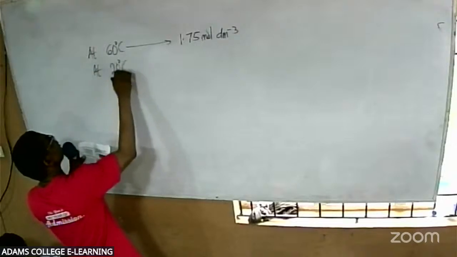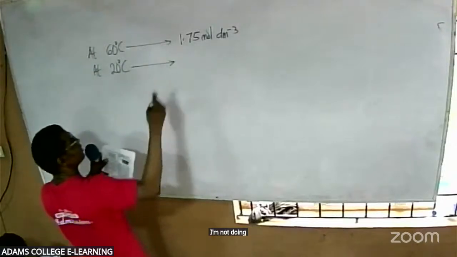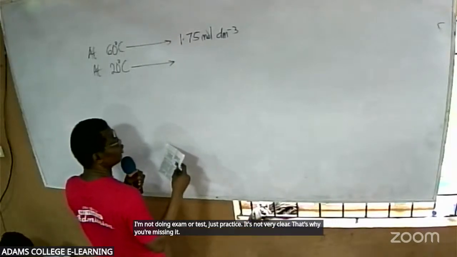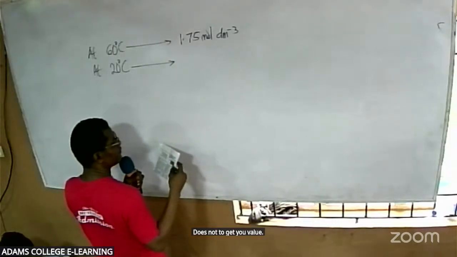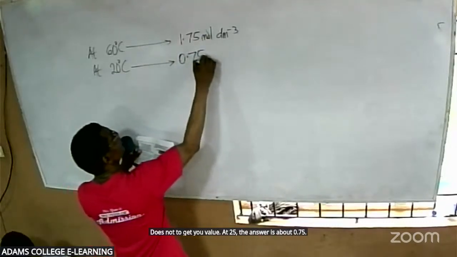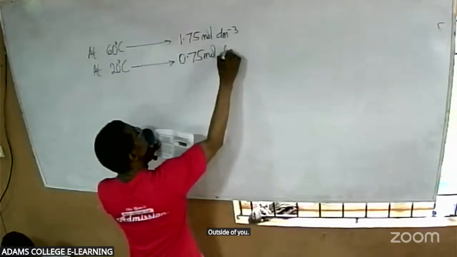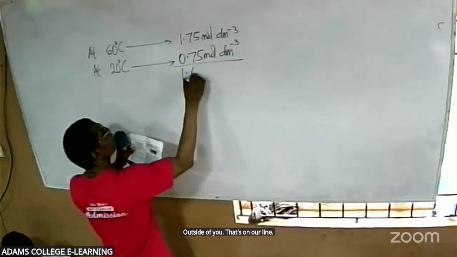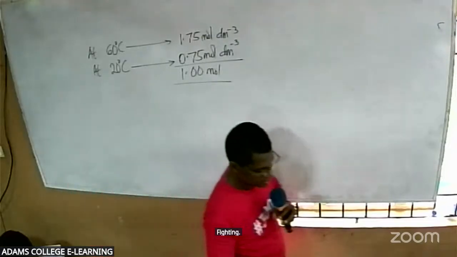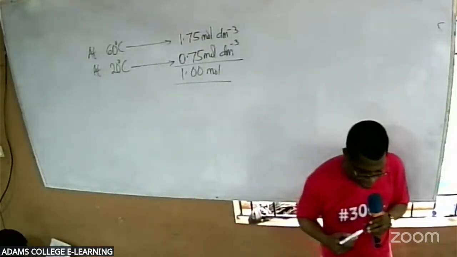If you miss it, we are not doing an exam or test, we just practice. But it's not very clear, that's why you are missing it. Just know how to get the value. At 25, the answer is about 0.75. The answer is 1. Because it's not very clear, that's why. Never mind.